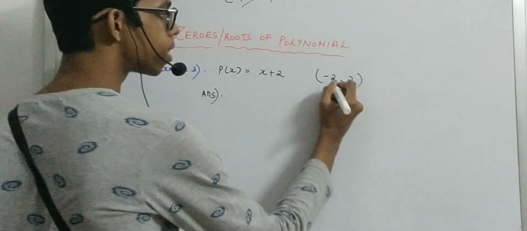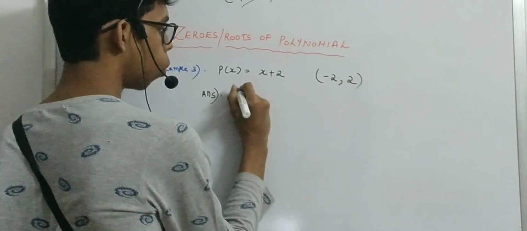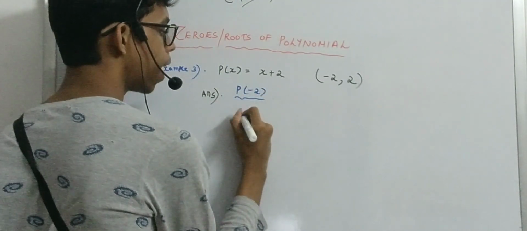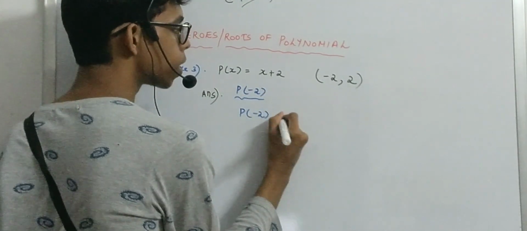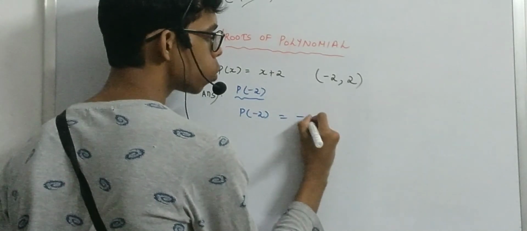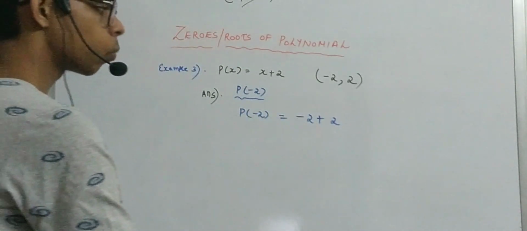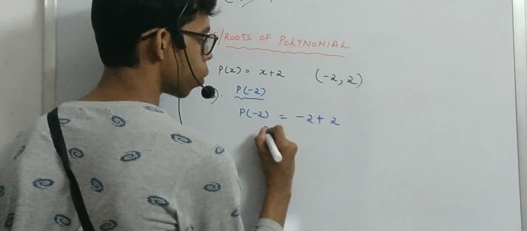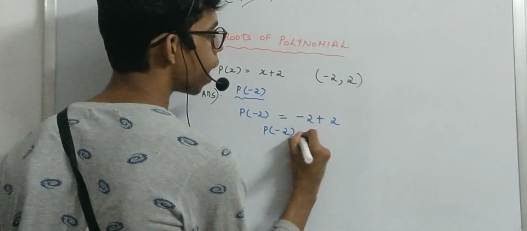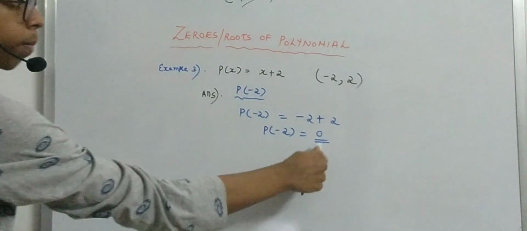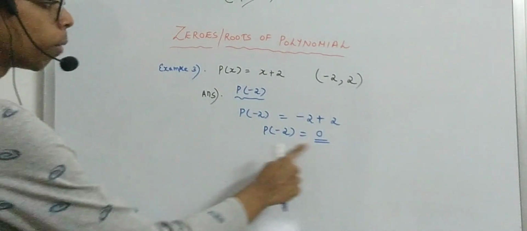So first of all, let us take p of minus 2. When I take p of minus 2, I have to substitute minus 2 over here. So minus 2 plus 2. We know minus 2 plus 2 is 0. So I will get p of minus 2 is equal to 0. So I substituted and got my polynomial as 0.